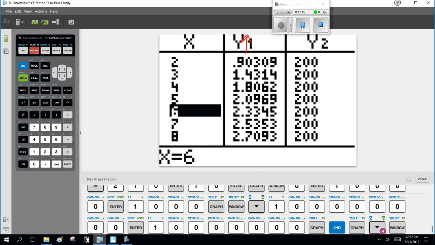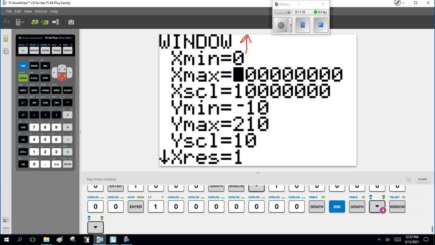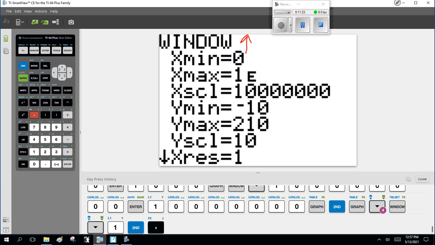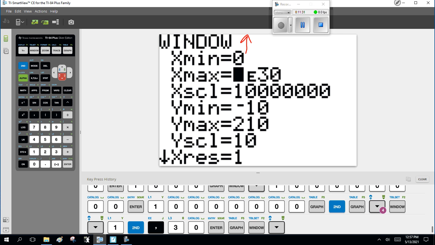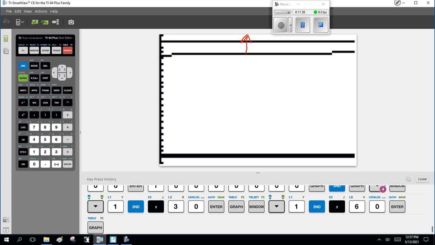Anyway, you get the idea. You have to make your windows really big. 1 e to the 30. Oh, I'm up to the hundreds of billions. Getting there.